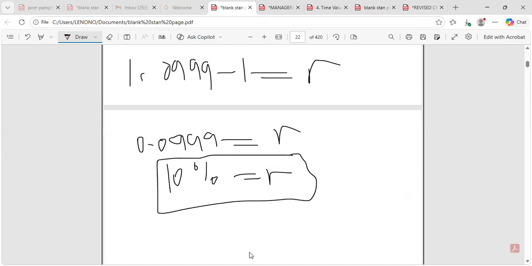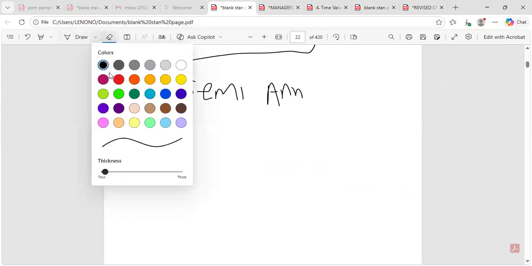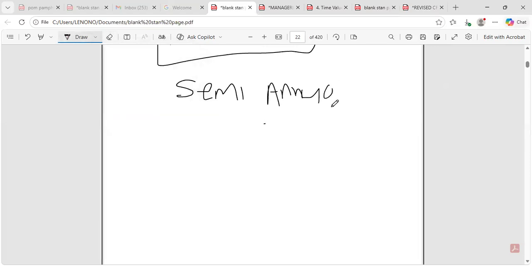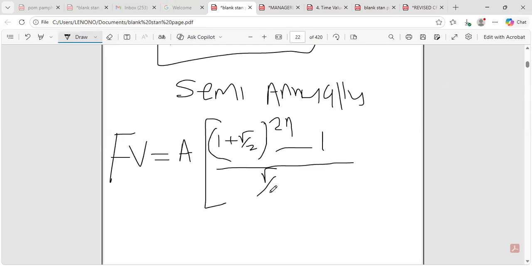So on the semi-annual basis, you're going to say future value is equal to the annuity factor, so it's amount times 1 plus r over 2, to the power 2n, minus 1, over r over 2.